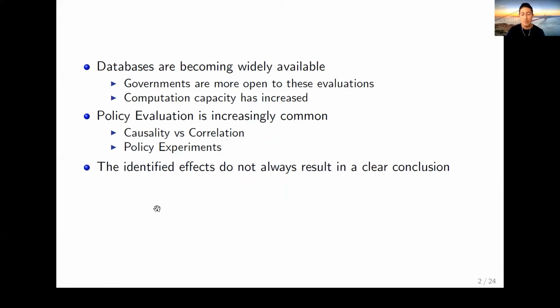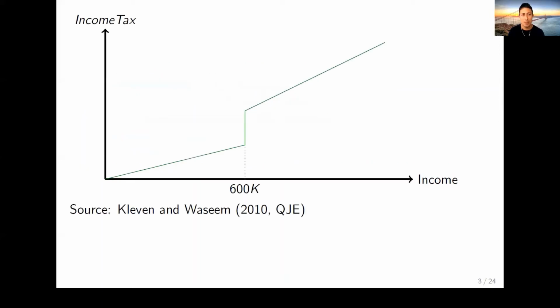And the last point is that even though you are able to see the causal effect of a policy, you're still not able to get a clear conclusion from that study. To make that point, I wanted to start with an example from Pakistan.